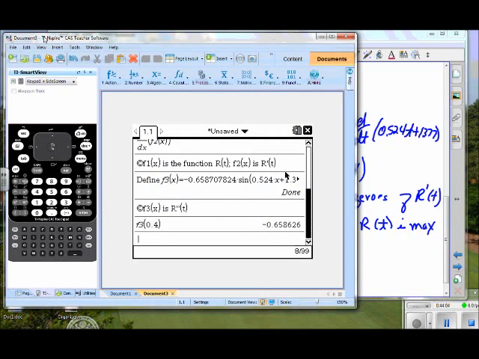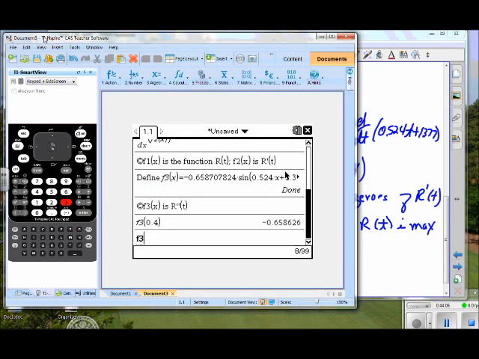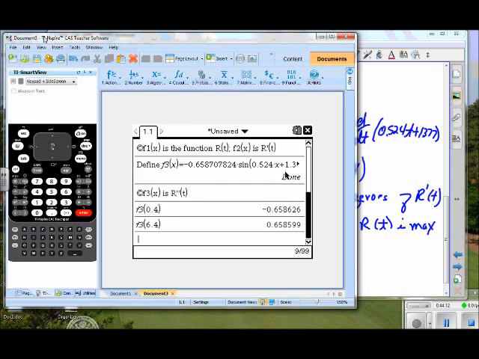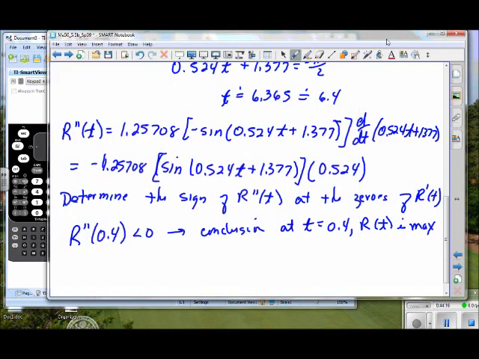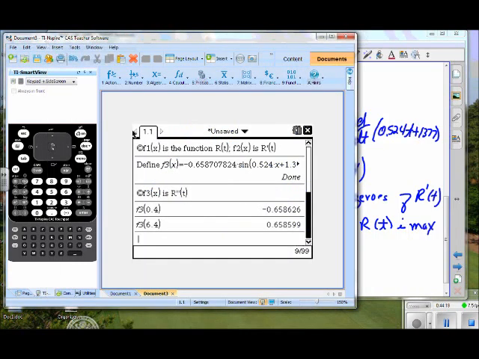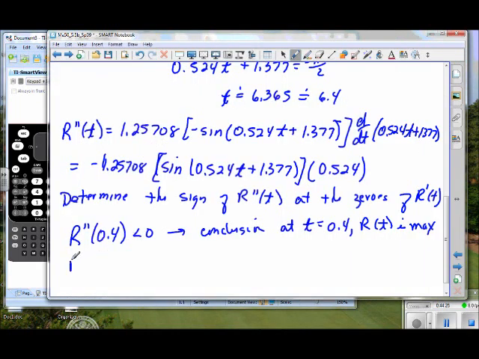So let's try the next one, and we'll take f3 of 6.4, and at 6.4 we get positive 0.65. So the second derivative at 6.4 is positive.